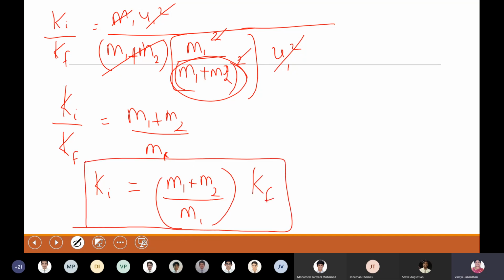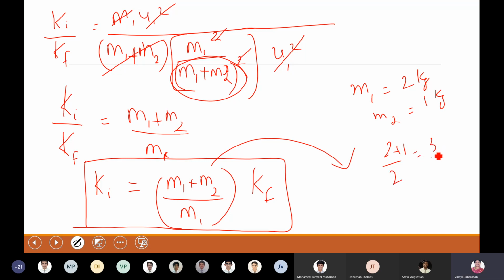Suppose if you want to check, if I give the value of m1 as 2 kilograms, m2 as 1 kilogram, then what does this value come to? 2 plus 1 by 2, so 3 by 2, that is 1.5, greater than 1.